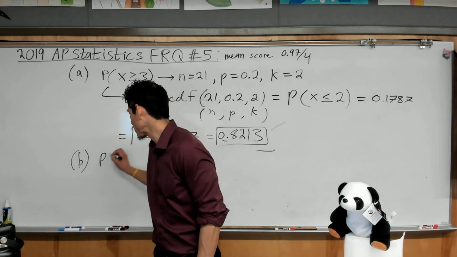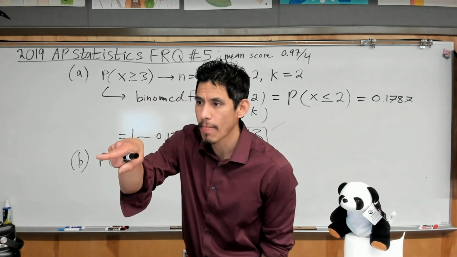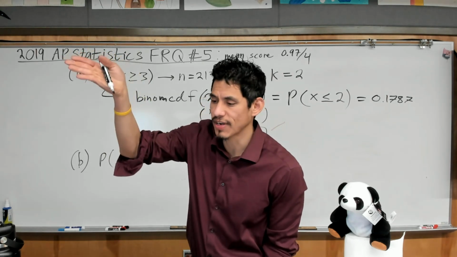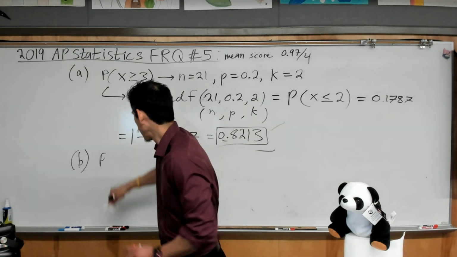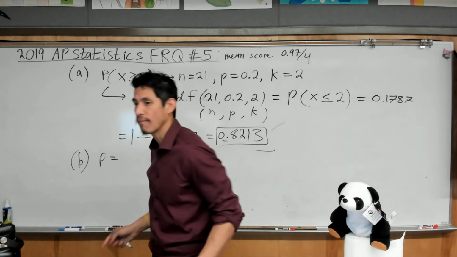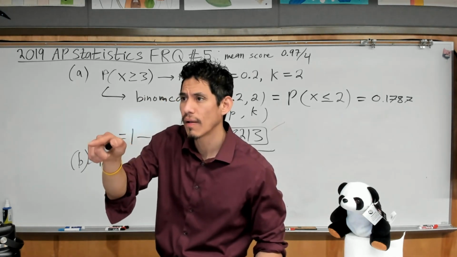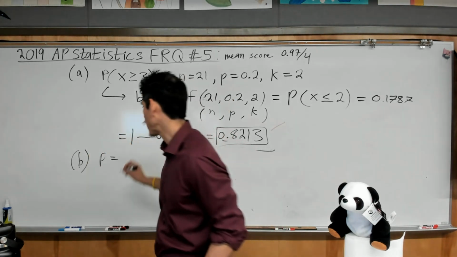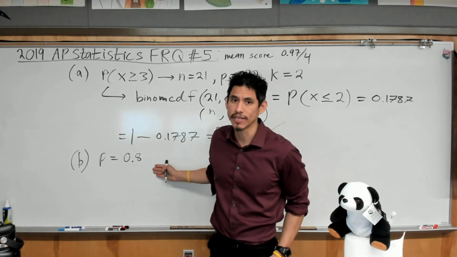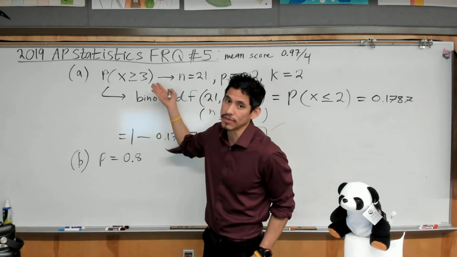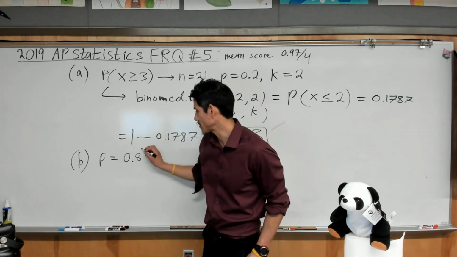We just really care about the probability of her being on time for the first 5 days. So this is going to be just 0.8 to the 5th, because the chance of her being on time on any day is 80%, because the chance of her being late is 20%. So 1 minus 20% is 80%.